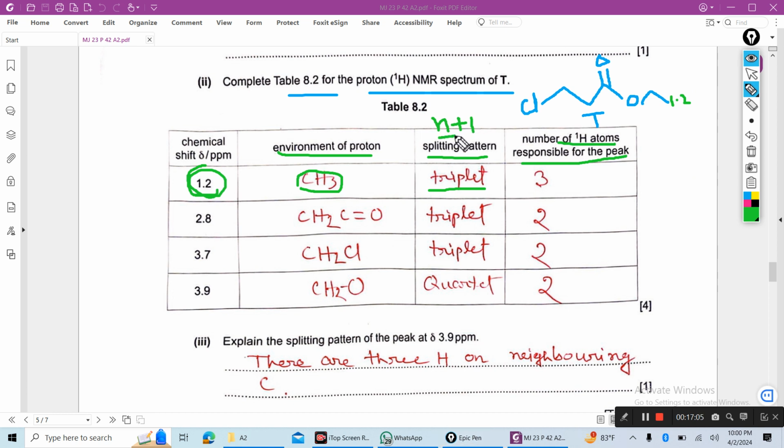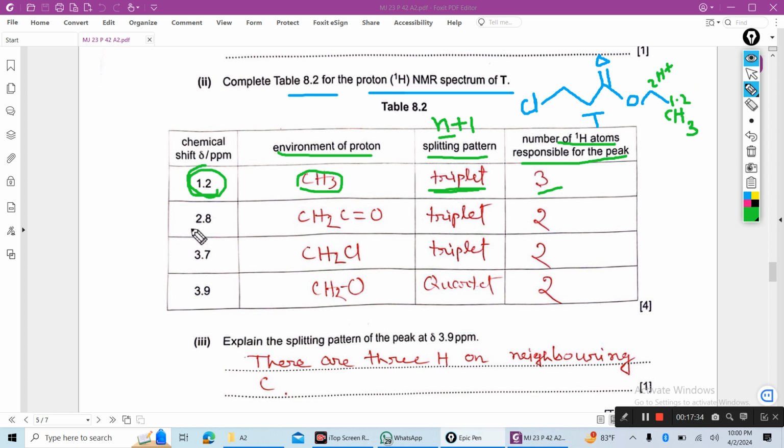N is the neighboring protons, which is 2, so 2 plus 1, 3, that will be a triplet. And the number of hydrogen atoms responsible for this peak, as CH3, is 3.